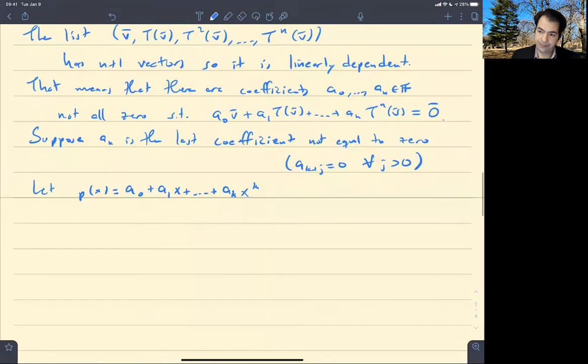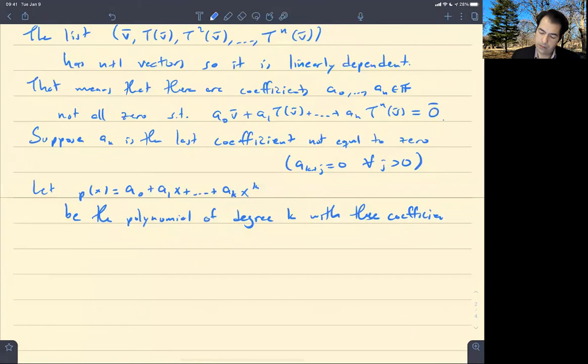So this is the polynomial of degree k with these coefficients. Here there are no linear maps involved. This is just straight up the polynomial. I'm just taking the coefficients from over here.